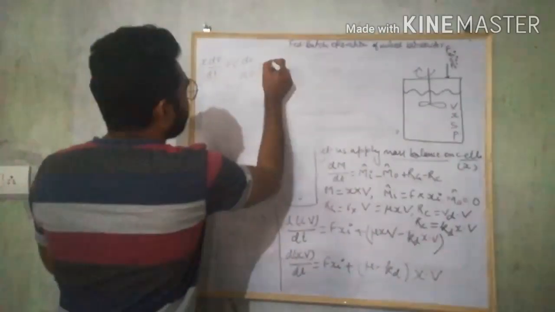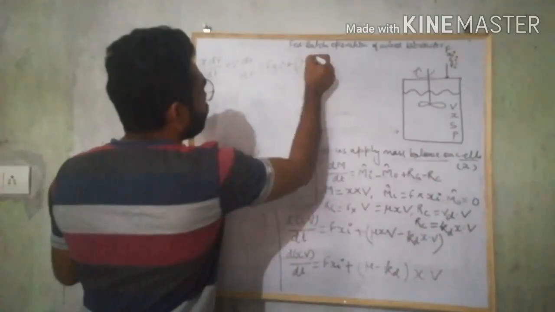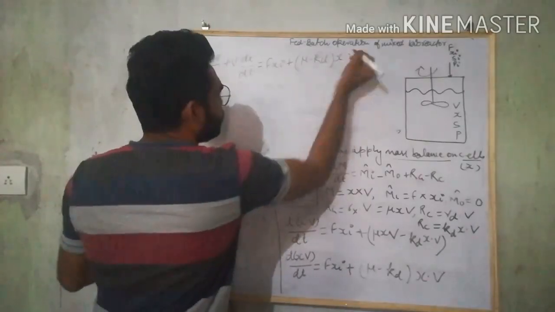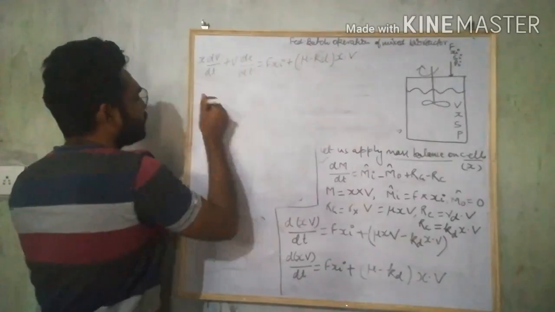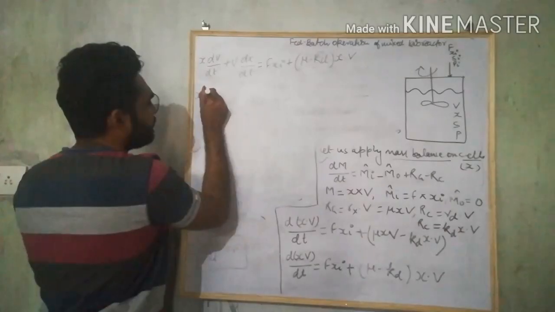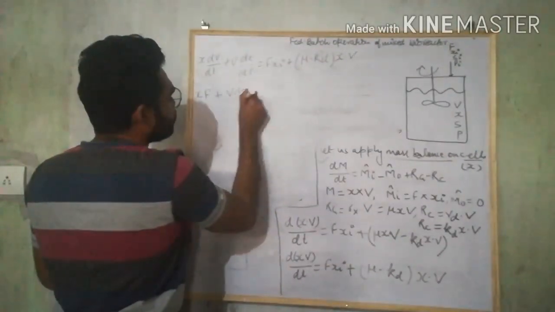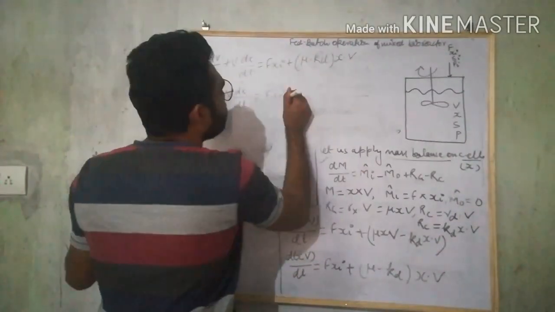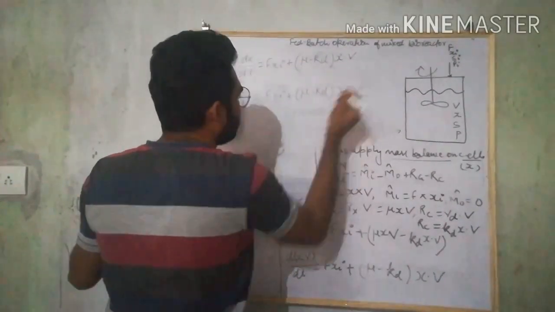So here we have F Xi plus mu minus kd x into V, right? So what we have, dV by dt equals F, right? So we can write it as xF plus V dx by dt equals F Xi plus mu minus kd x into V, right?